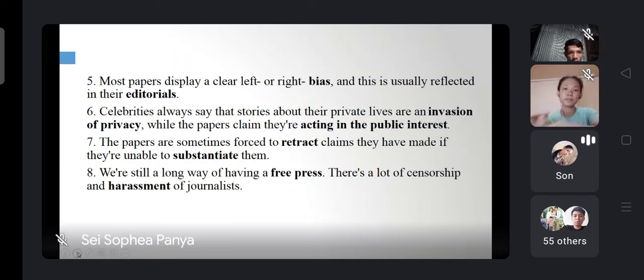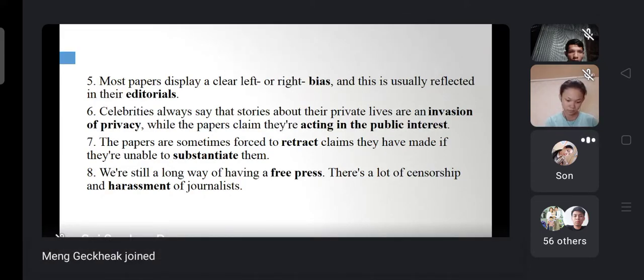So public interest means for the common good or of the community.